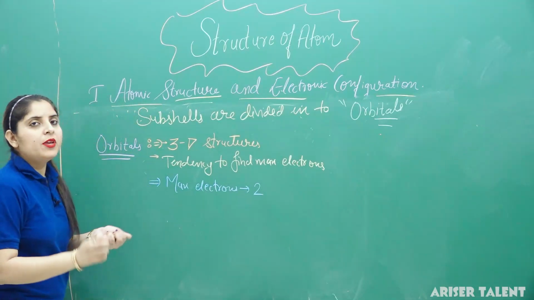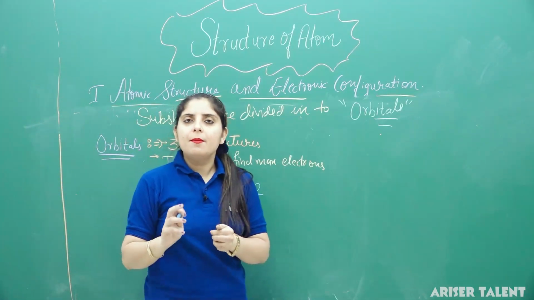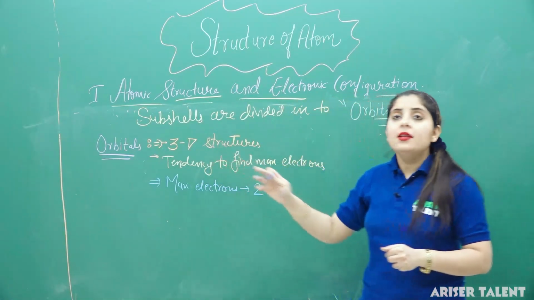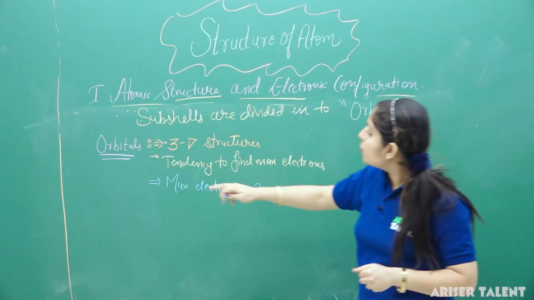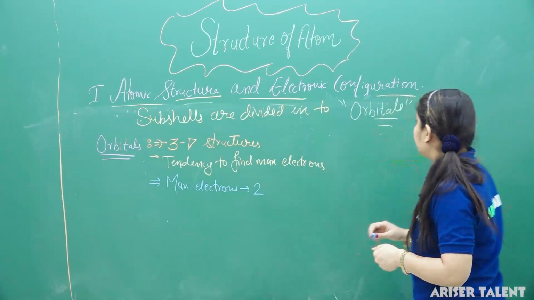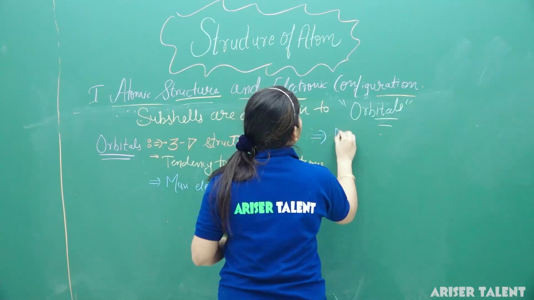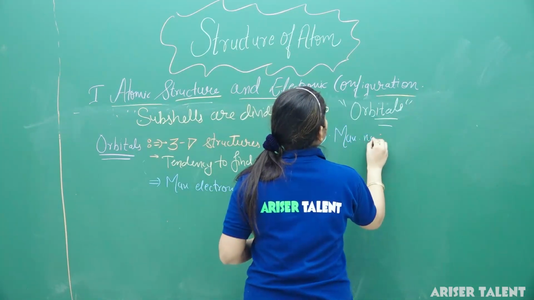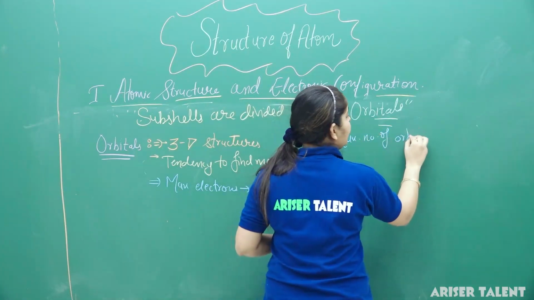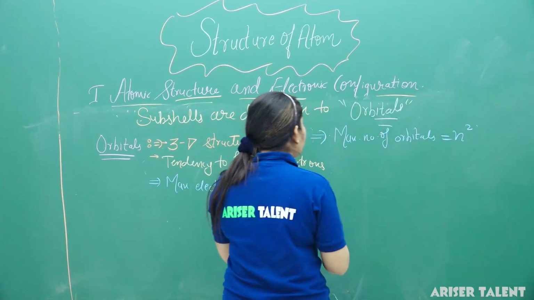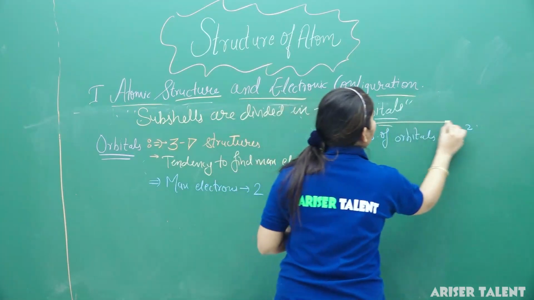So again we have 4 shells K, L, M and N. We have 4 subshells that is SPDF, and SPDF is further categorized into a category that is called orbital. So we have a formula for calculating the maximum number of orbitals, and it can be calculated as n square. So this is a basic formula for calculating the number of orbitals.